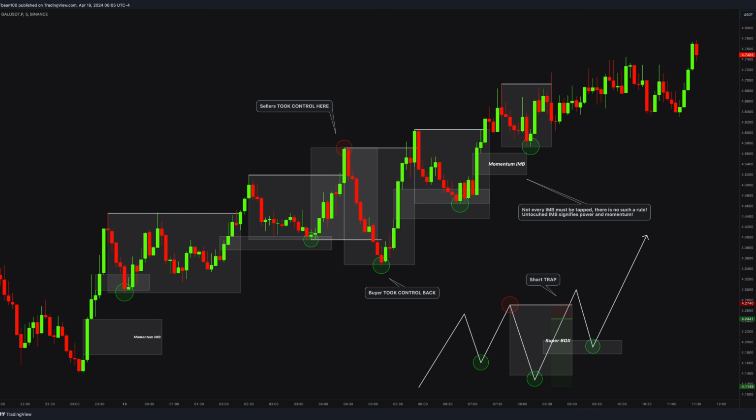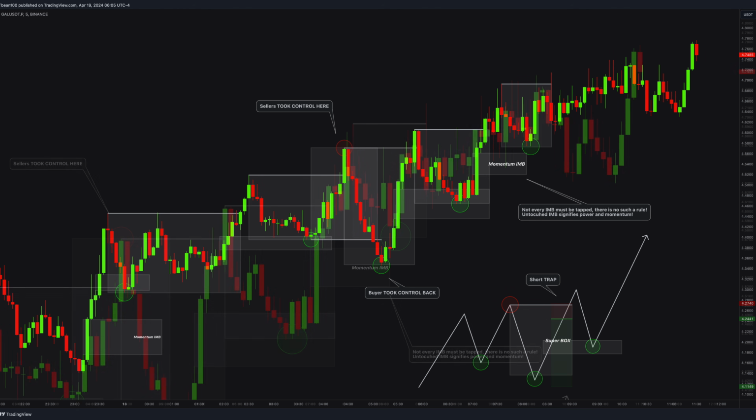Once they take out their stops, they will continue the original trend. The idea of super boxes generally comes alive here. You can call them manipulation boxes as well. This action here confirms to me a very strong upwards price action.